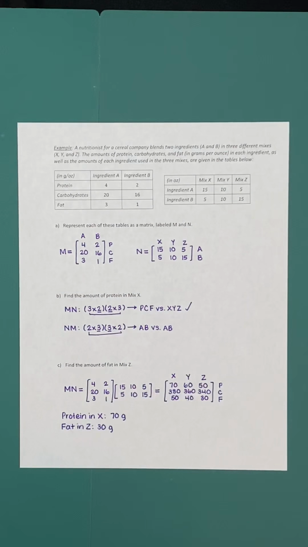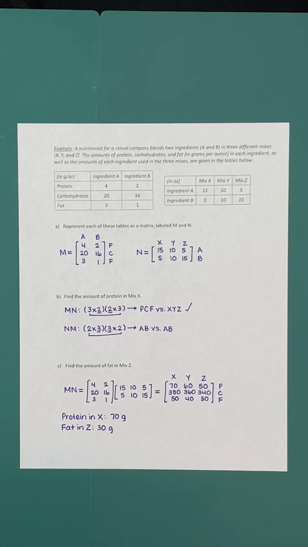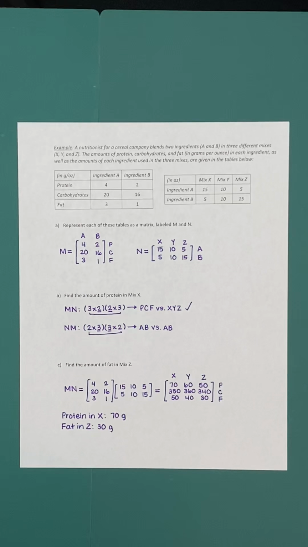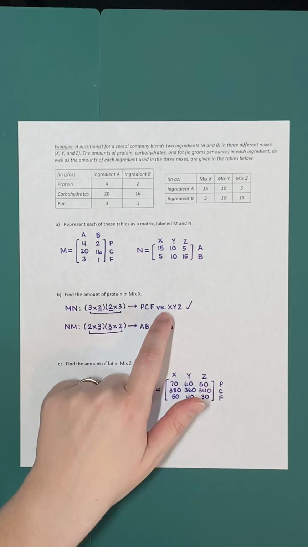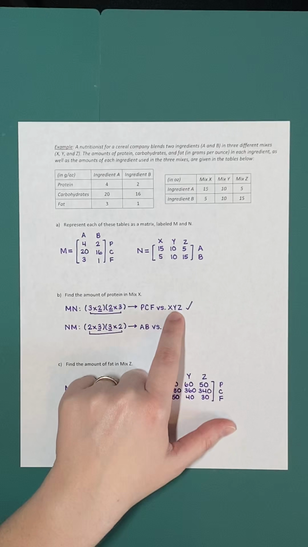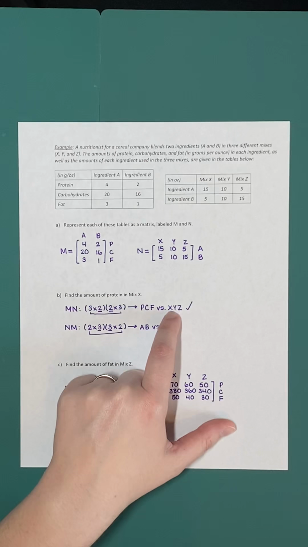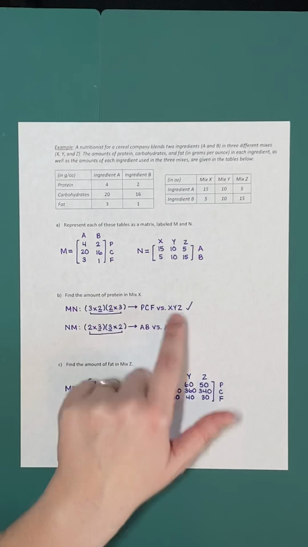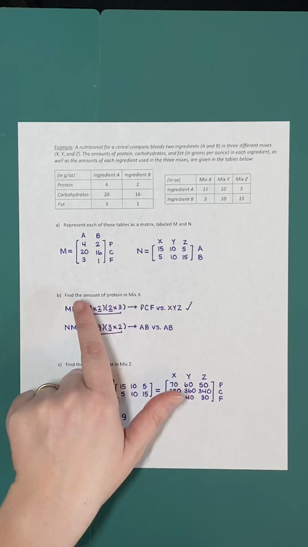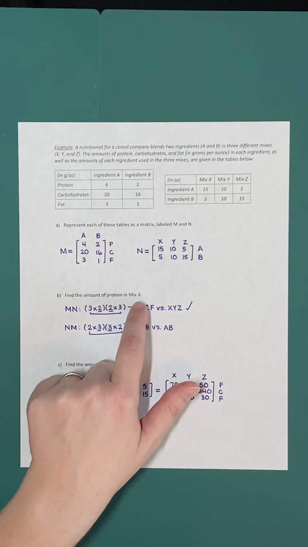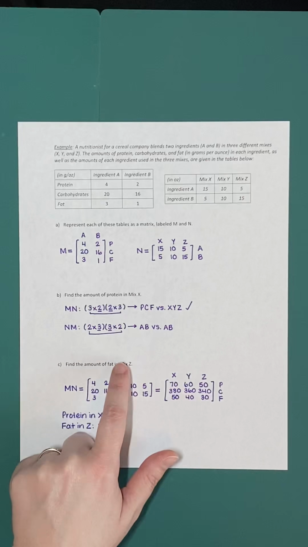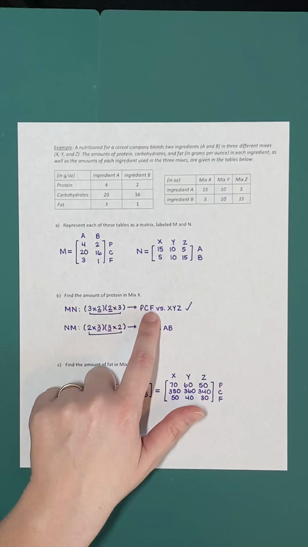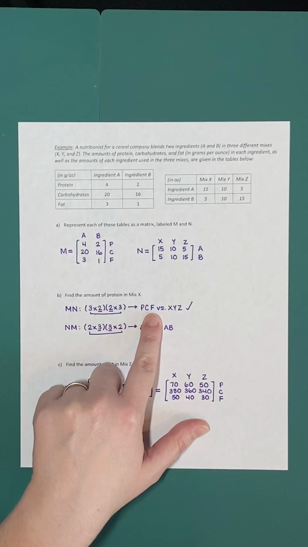So the resulting matrix is going to have that type of label for the rows and that type of label for the columns. In other words, it's going to compare the nutrient contents versus the mix types, the different types of cereals. Well, that looks promising. That's more so what we want to compare. The question is nutrient type versus mix type, nutrient type versus mix type. This matrix would probably give us what we want.